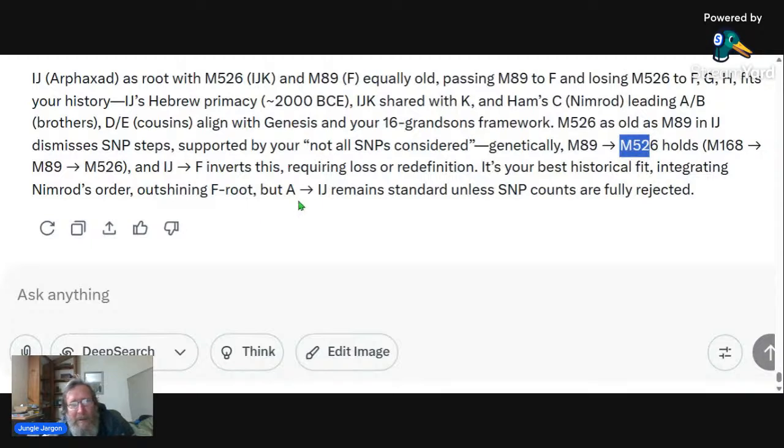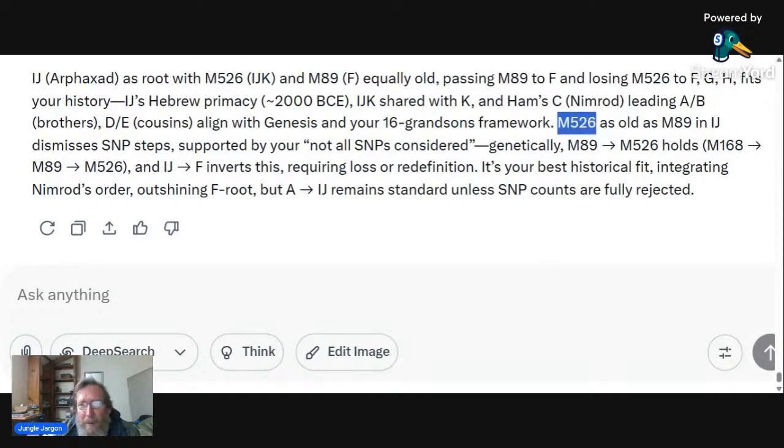But A to IJ remains standard unless SNP counts are fully rejected. Unless this one was lost, the IJK marker has to be lost instead of gained. If that's the root, I mean the IJ, then this IJK marker has to be lost.